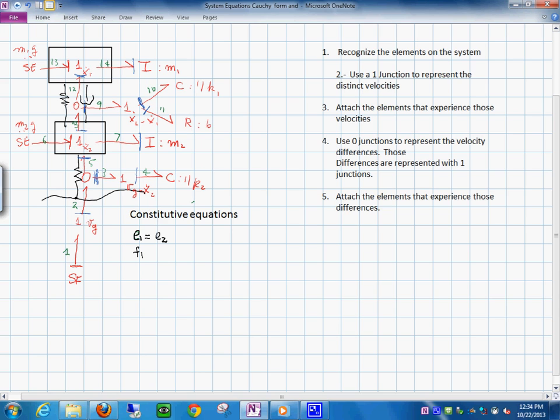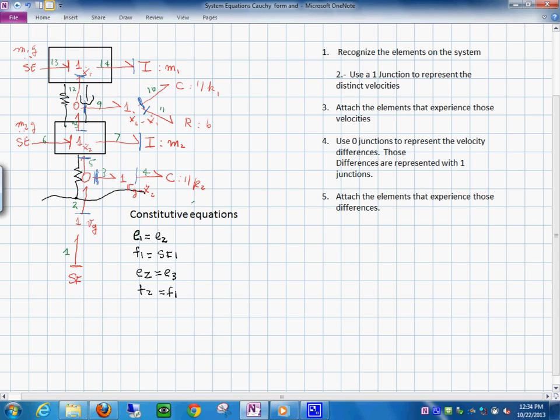and then you have dq sub 4 dt is equal to f sub 4, excuse me. Okay, this is the first differential equation coming from the C element.